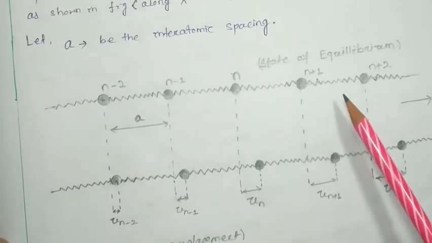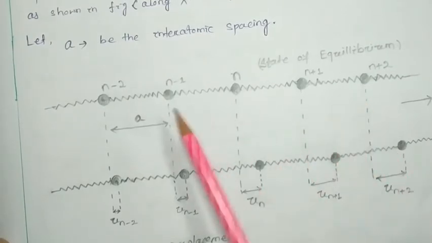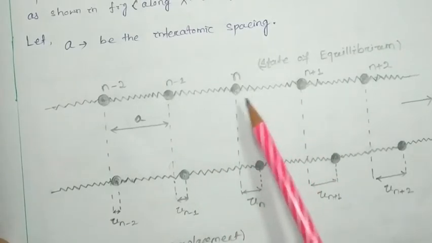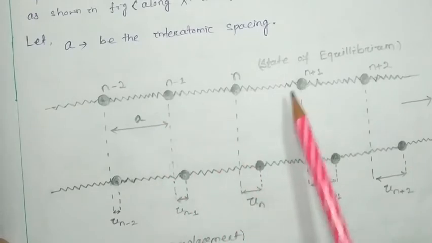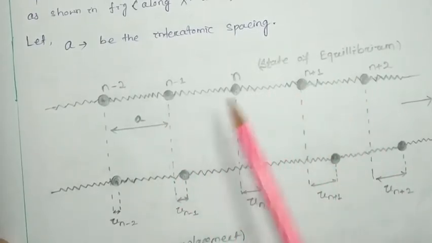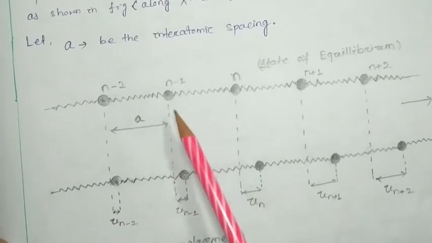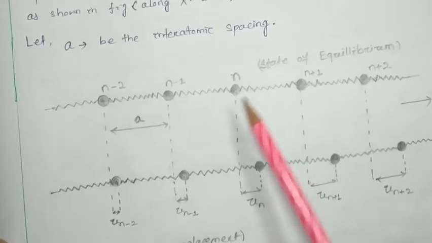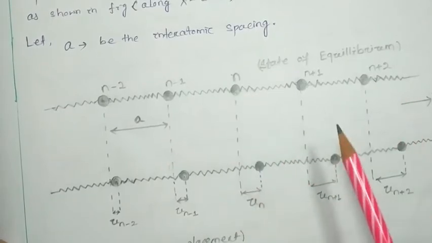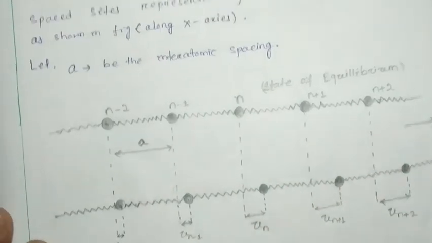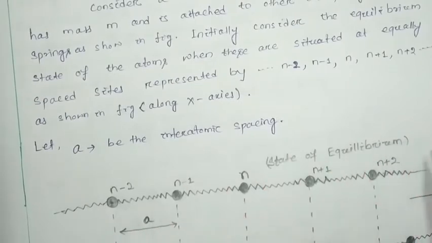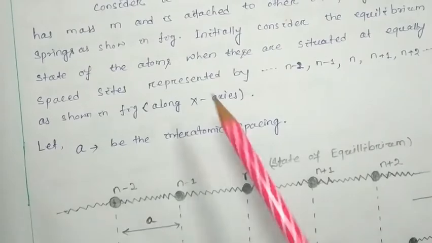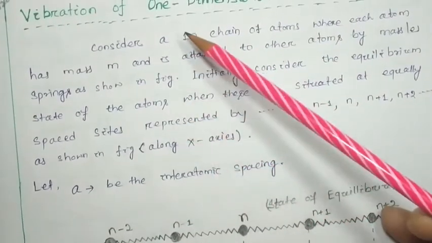For the condition when it vibrates with lower frequency, how does this lattice behave inside the crystal, and when it vibrates with higher frequency, how does the crystal behave, that we are going to discuss.